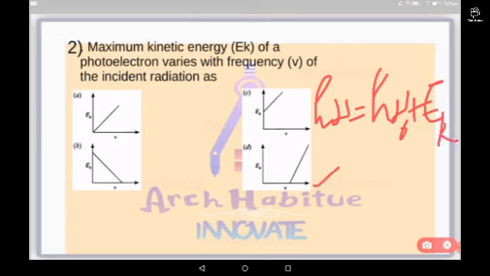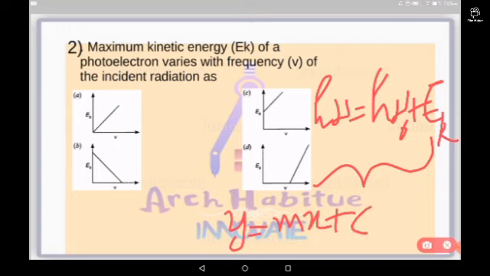Now make this equation into the form of the line equation y is equal to mx plus c. Now you will have an x-intercept. So obviously the answer will be either this or this, but you don't have any y-intercept, so the answer will be definitely D.